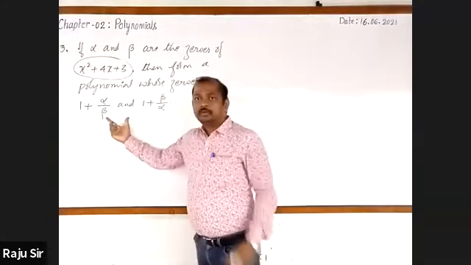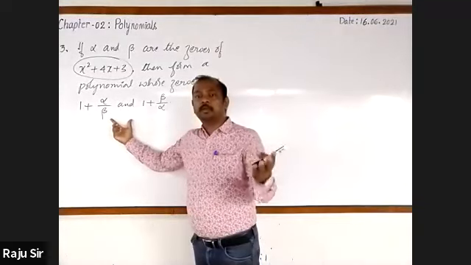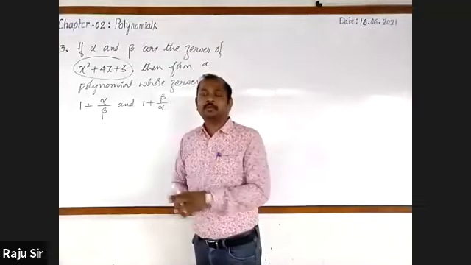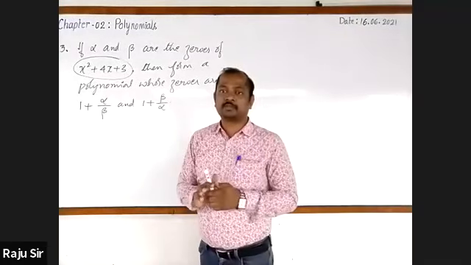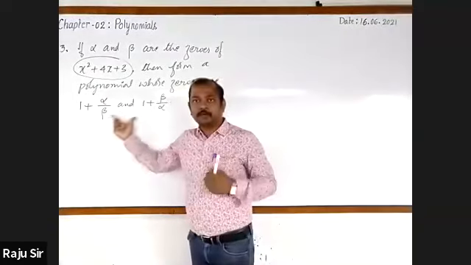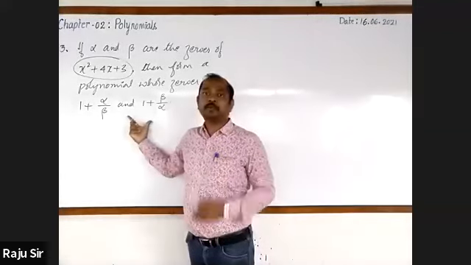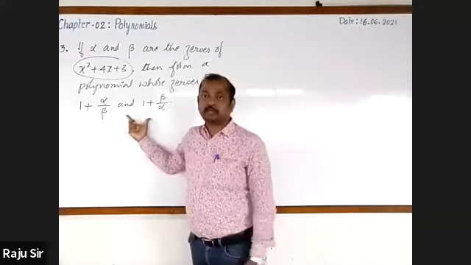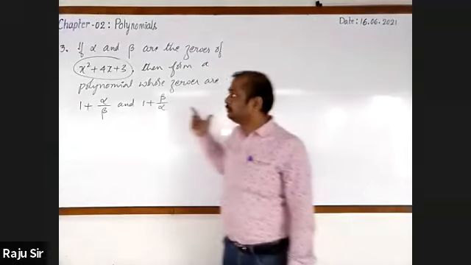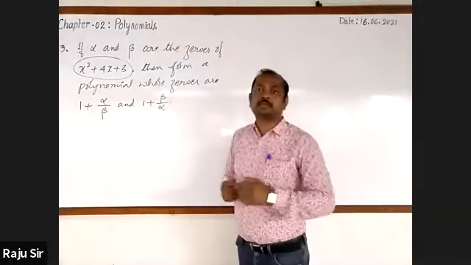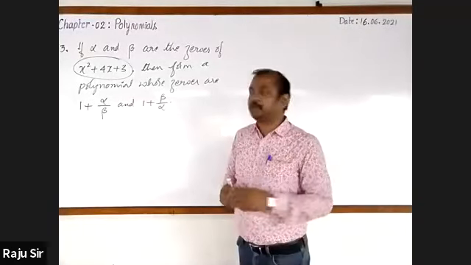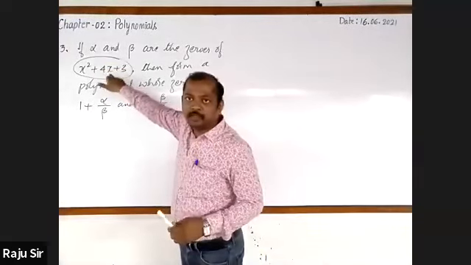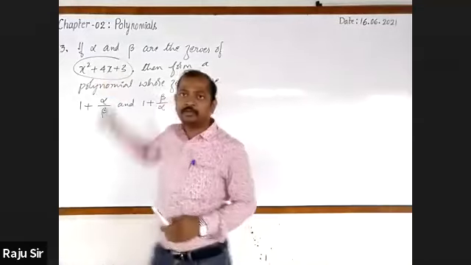So you know that to form any new polynomial or any polynomial, we need to have sum of zeros and product of zeros. So we have to find out sum of new zeros and product of new zeros. And there we need substitution for even alpha plus beta and alpha into beta. So let us go for finding that by using this polynomial.